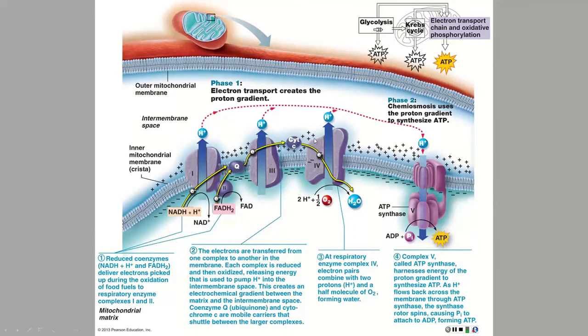Here are those proteins along this middle or this inner membrane. Down here is the matrix. Up here is the intermembrane space and the outer membrane. And right down here is that weird shaped protein, the ATP synthase. Here's our ADP and our inorganic phosphate being slammed together.